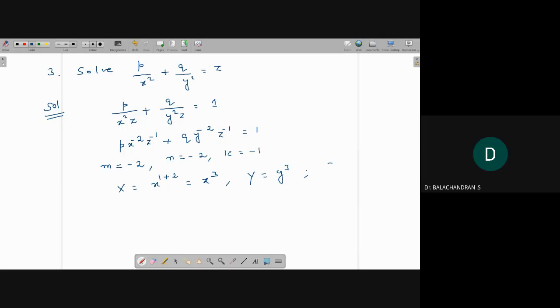Now, dou capital X by dou small x is equal to 3x square. Similarly, dou capital Y by dou small y is equal to 3y square. Dou capital Z by dou small z is 1 by z. This is equation number 1.